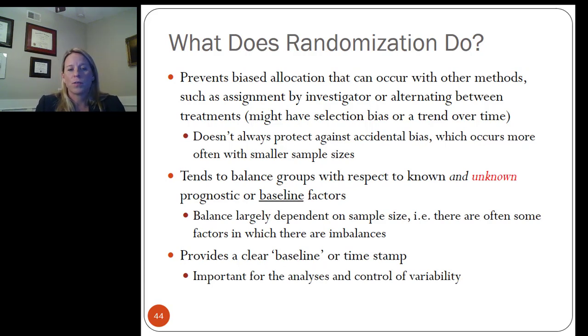Also, randomization provides a clear baseline or timestamp for the longitudinal assessment of study subjects. That isn't always clearly defined in a cohort study, and it's really difficult to determine in a case control study.